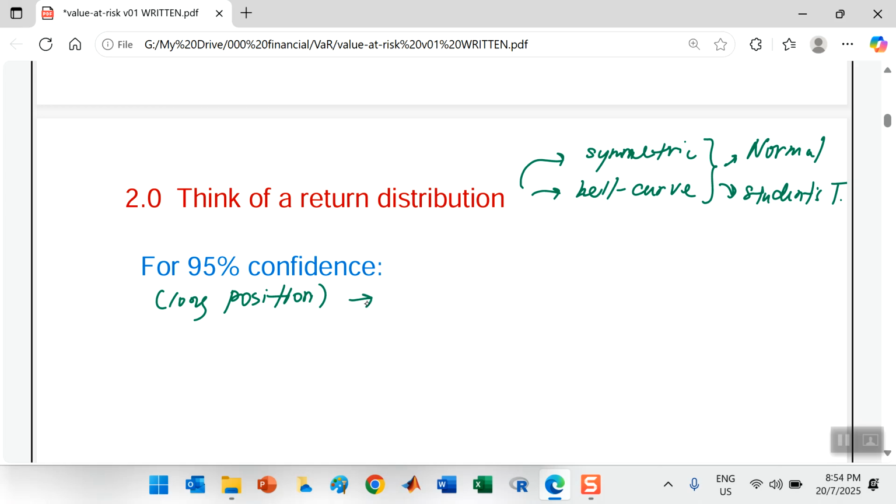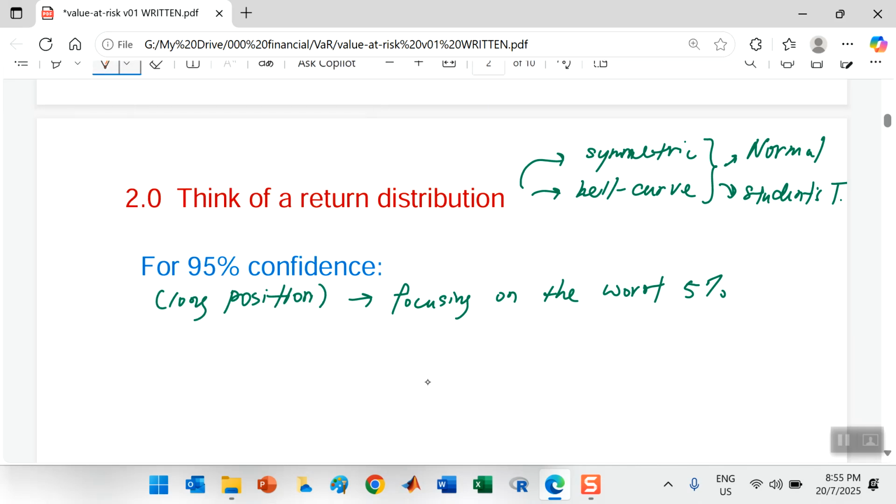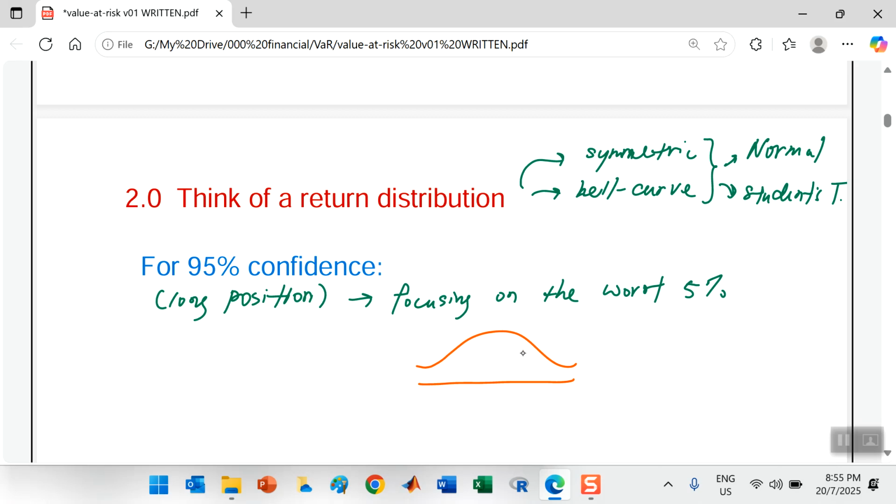So with a long position you will be focusing on the worst 5%. Okay, so this is actually referring to the left tail. So for a long position, most of your focus will be on these 5% worst returns.